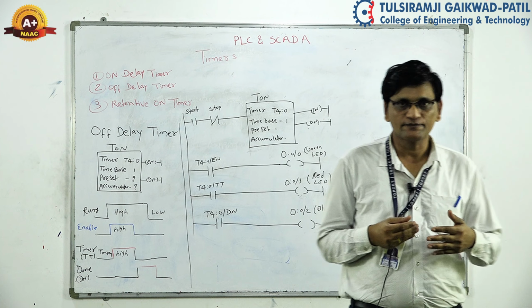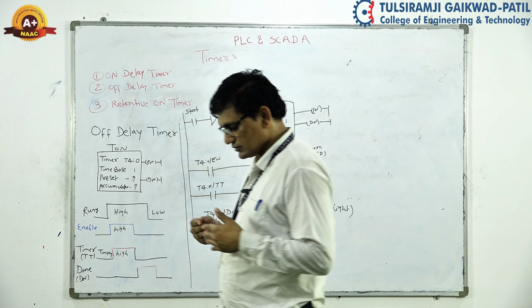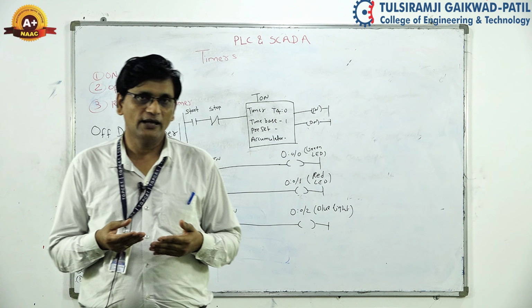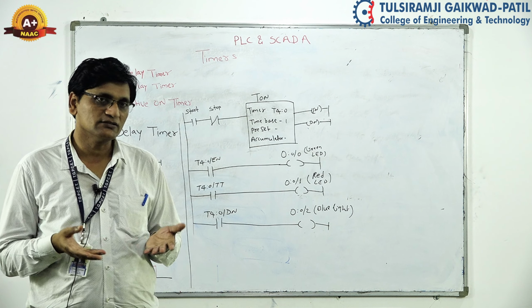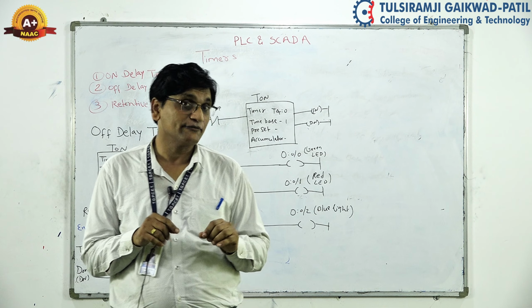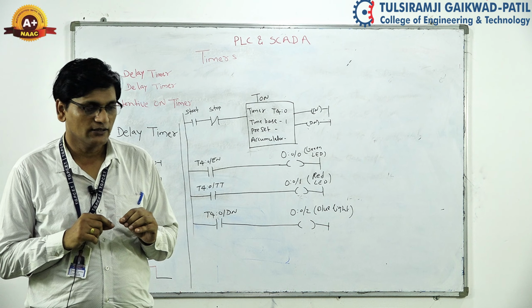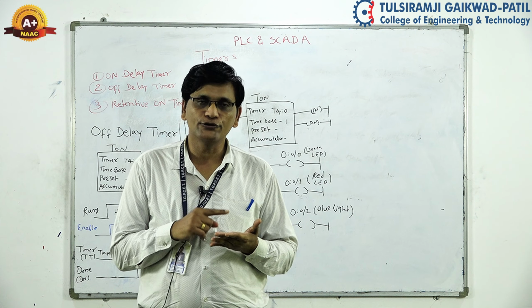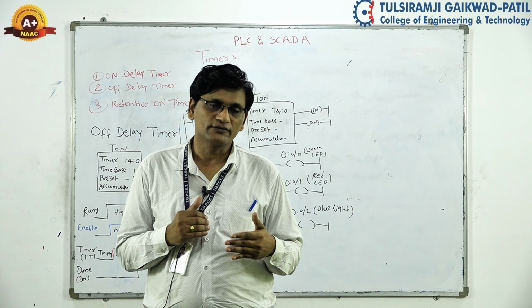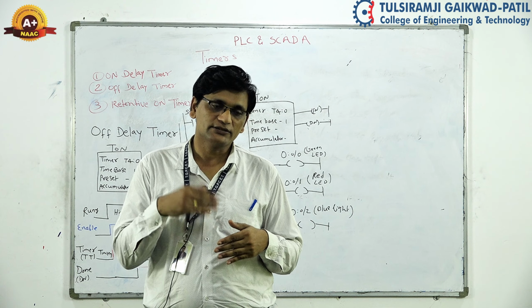But if we want to switch on multiple devices at a time and switch off some devices after a few seconds, at that time we use the off delay timer. The retentive on timer is used when there is a power failure and our device goes off; after that, the device will continue to be switched on. In that case, we use the retentive on timer.